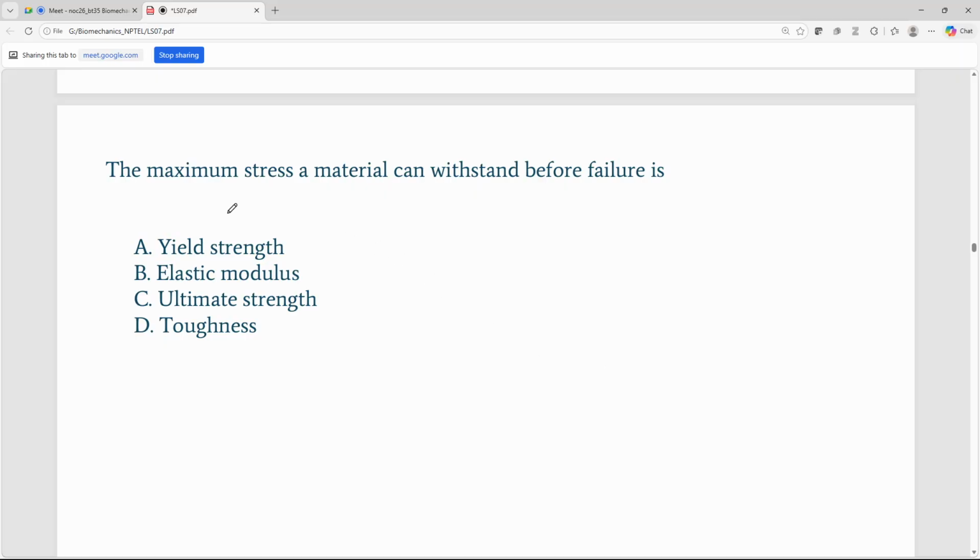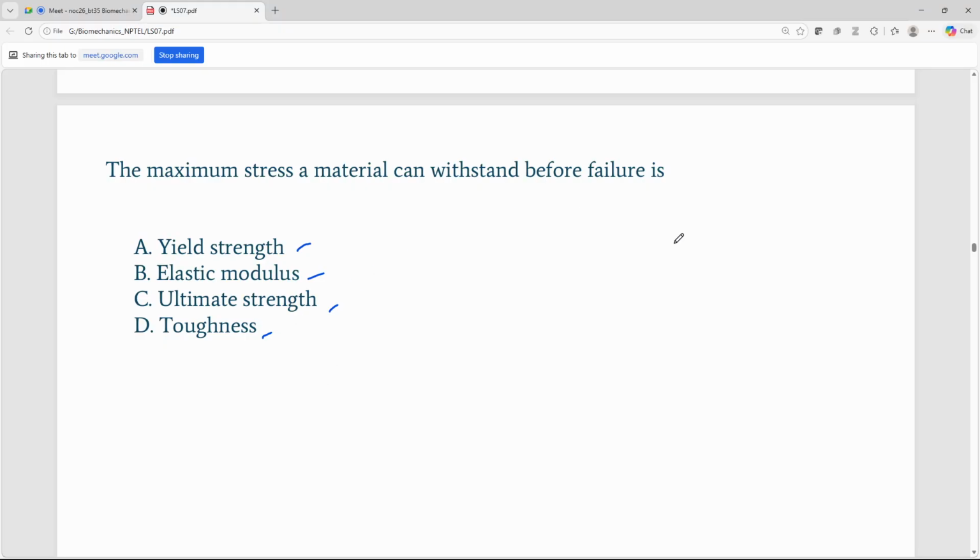Next question: the maximum stress which a material can withstand before failure is known as what? Options are option A, yield strength; option B, elastic modulus; option C, ultimate strength; option D, toughness.